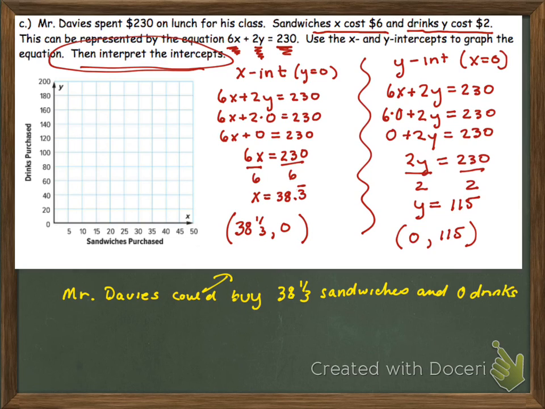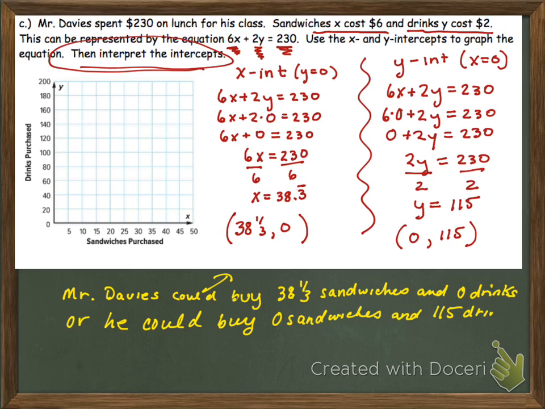Now, of course, not that that's realistic, but we are looking for a range here. Or the y-intercept, he could buy 0 sandwiches and 115 drinks. Now, of course, it would make the most sense to have something in between there.